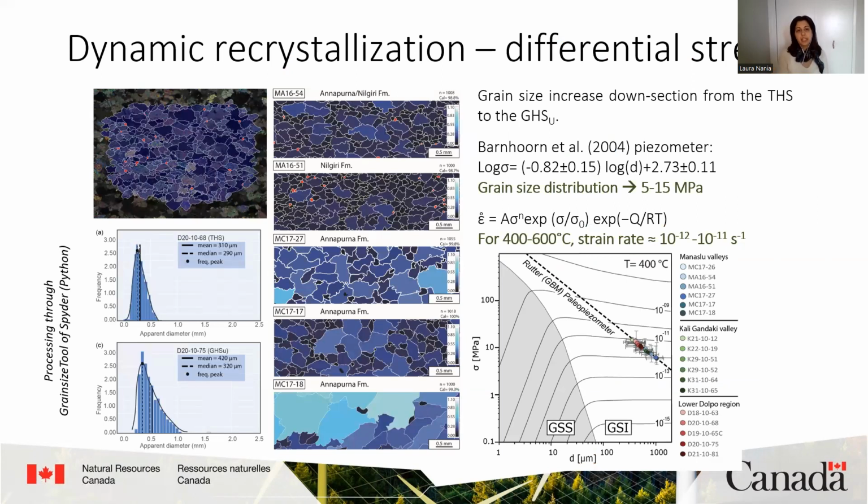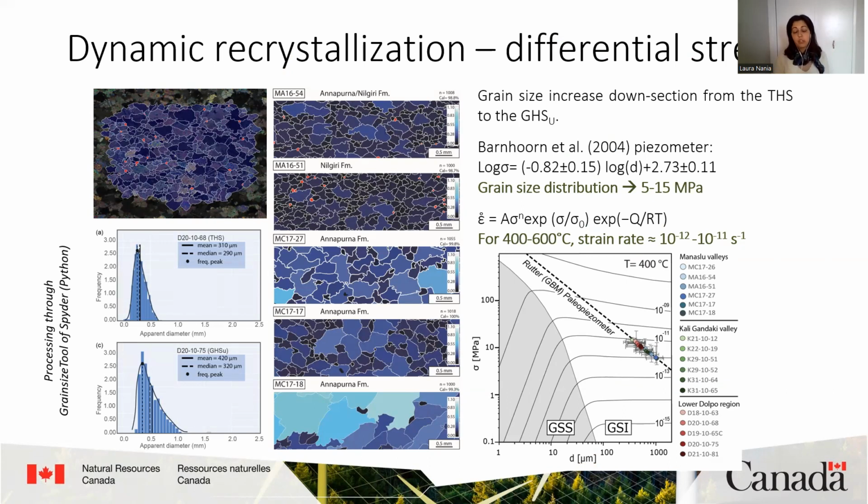So now we can look at the dynamic recrystallization, which is the grain boundary mobility mechanism. We can use the grain size distribution of at least 1,000 interconnected grains with less than 1 or 2% of second phase minerals in between the grains to reconstruct the differential stress and the strain rates recorded by the mineral phase during the deformation.